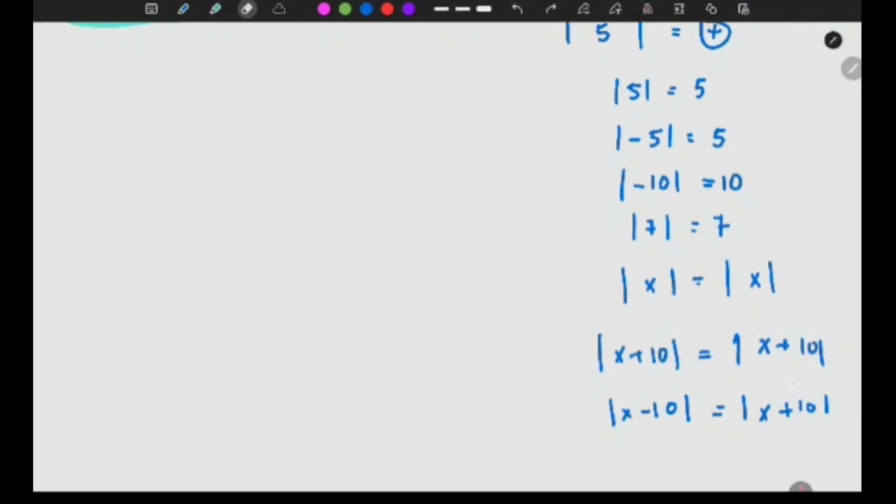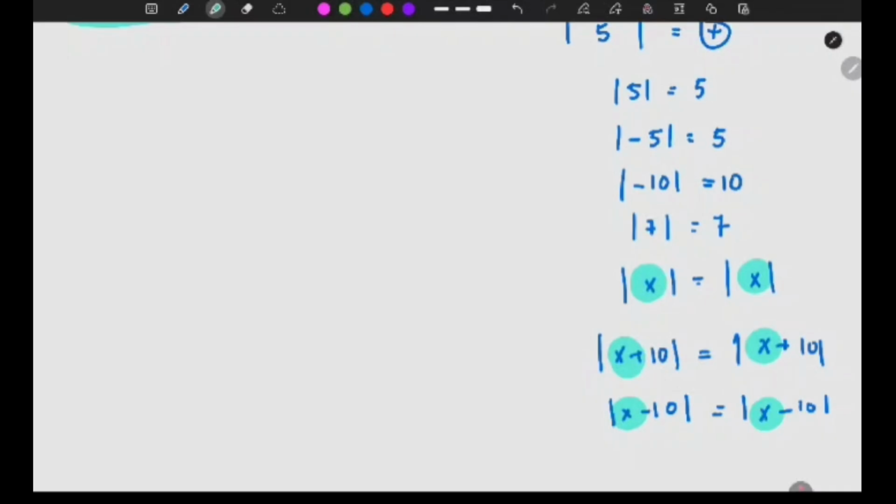So one thing you have to know: the function of modulus is making a number positive, but at the same time, when there is an unknown inside the modulus, the modulus will remain the same. It has no function. The modulus will not change anything.